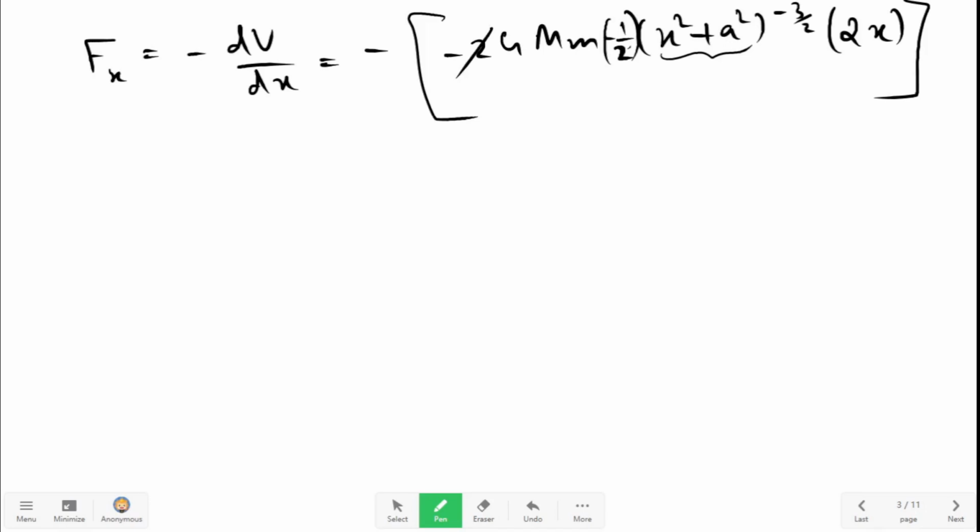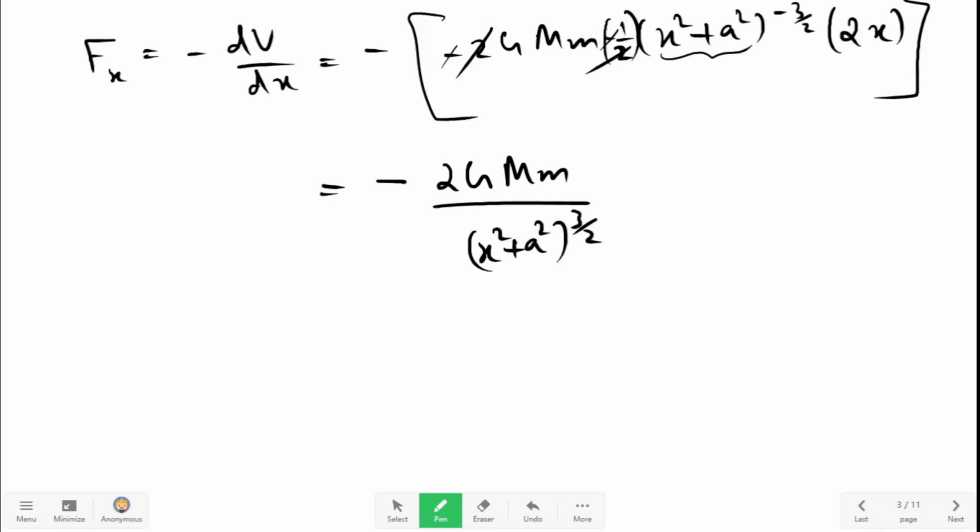This 2 and this 2 get cancelled, 1 minus and 1 minus get cancelled. Therefore we have minus dV by dx is equal to minus of 2GMm divided by x square plus a square raised to 3 by 2, times x. When we compare with Fx is equal to minus kx, we find that this is k.